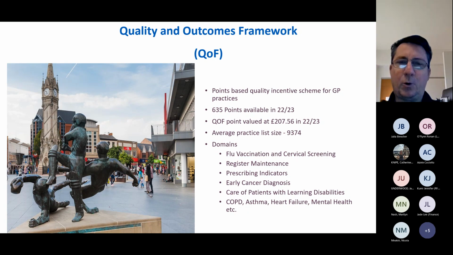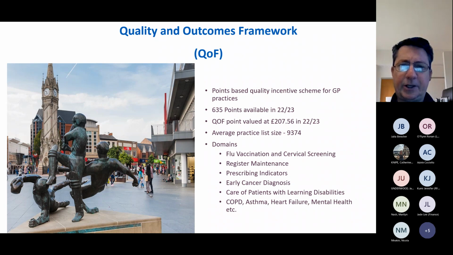So the QOF pays to do flu vaccination and cervical screening, maintenance, prescribing indicators, early diagnosis, early cancer diagnosis, things like COPD, long-term condition registers, and additional work with some of these patients that have got long-term conditions. So the idea of QOF is to do this over and above the normal GP core services.